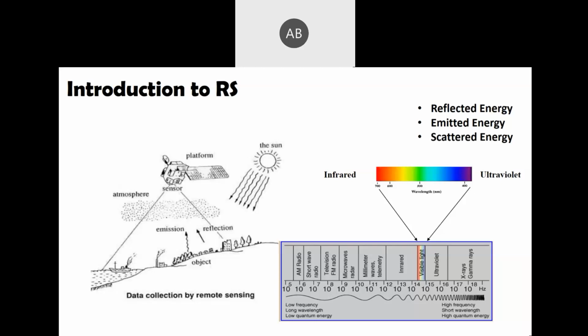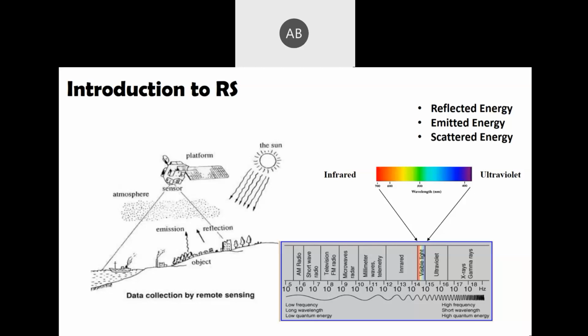So what is the wavelength? Wavelength is nothing but the distance between two consecutive peaks or the distance between two consecutive troughs. So this is your basic physics. Depending on this distance between the consecutive peaks, we can categorize the waves into different categories.